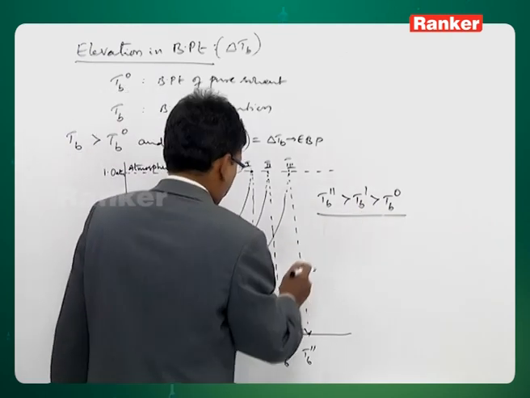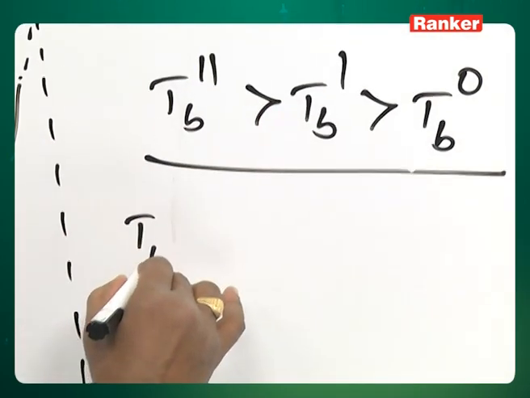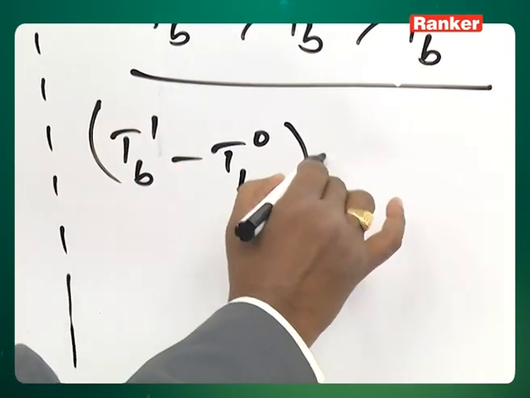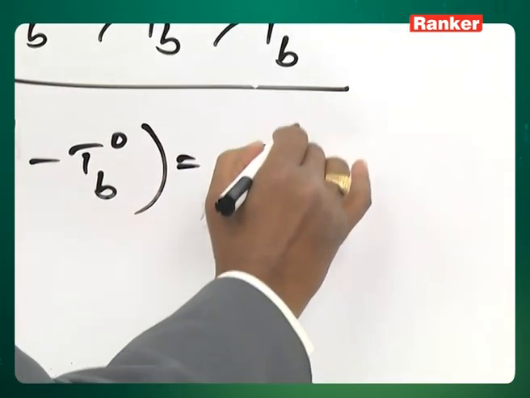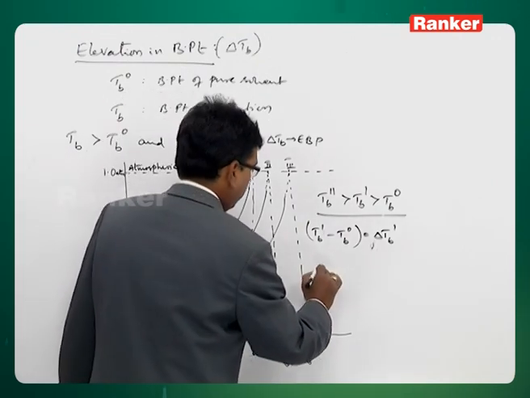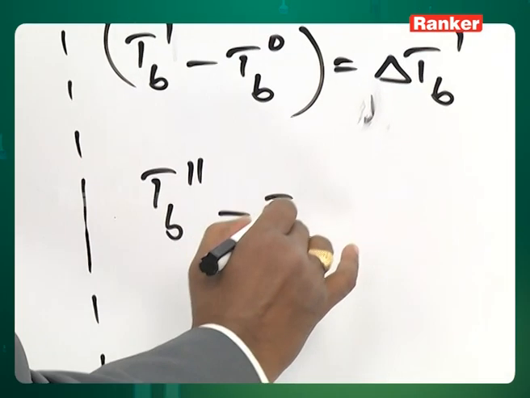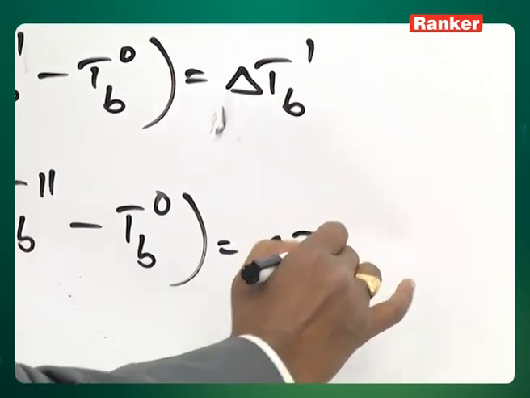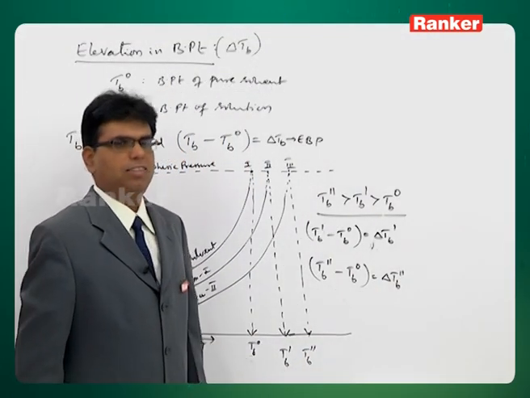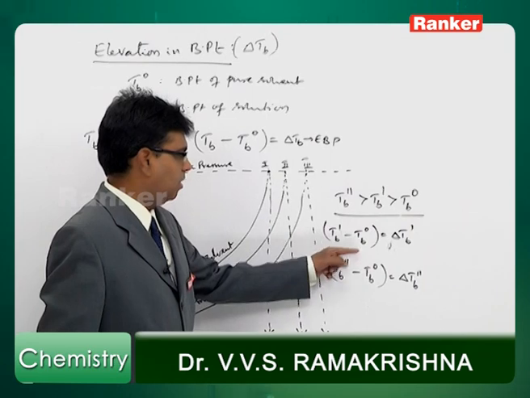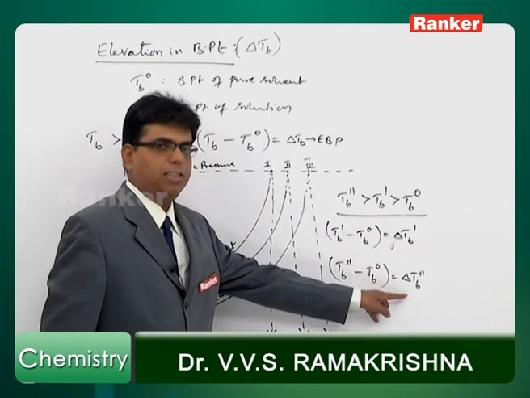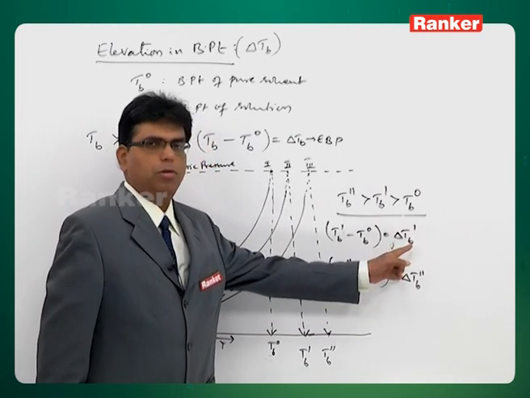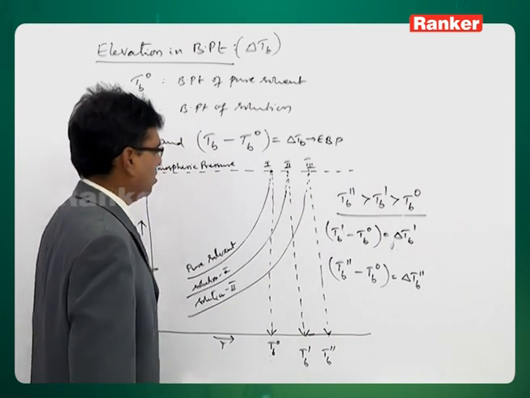Now, TB dash minus TB naught, this is the delta TB dash, that is the elevation in boiling point for solution 1. TB double dash minus TB naught is the elevation in boiling point for the more concentrated solution. Now, how these elevations in boiling point, delta TB, delta TB dash and delta TB double dash, relate to concentration is what we can see now.